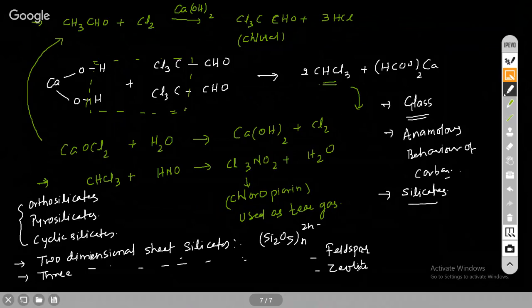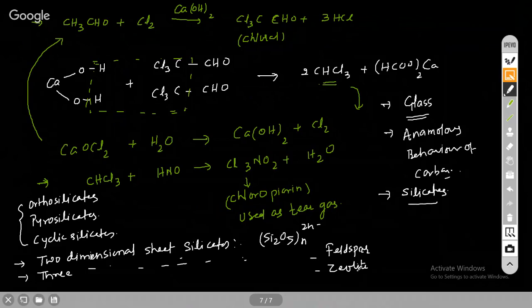So what are zeolites? Zeolites are basically silicates of calcium, magnesium, sodium, a complex structure of calcium, magnesium, sodium and all. That's what we call zeolites. There is a general formula of zeolites. The definition is also given in the book, that is NCERT.